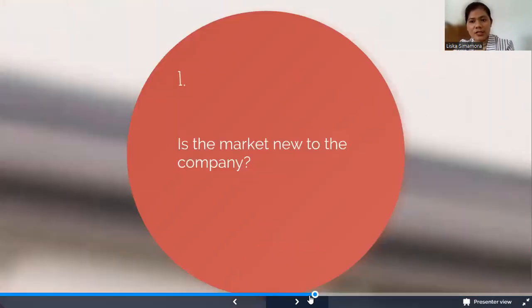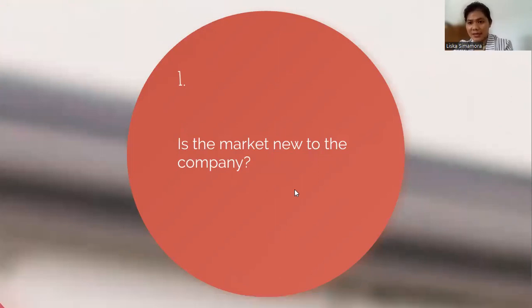You have to ask this question if you want to know whether your market is synergized with your company: is the market new to the company?